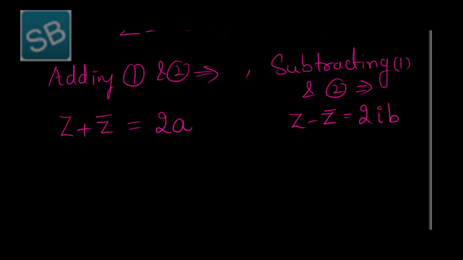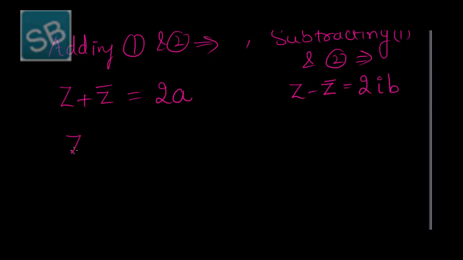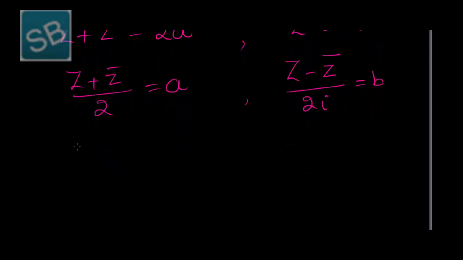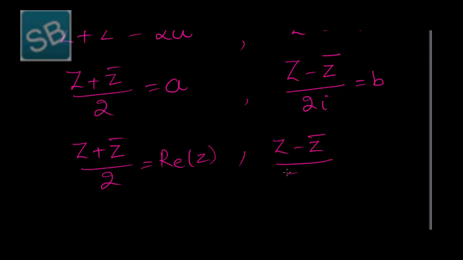So from this, z plus z bar over 2 is equal to a, that is the real part of z, and z minus z bar over 2 iota is equal to b. So we get z plus z bar over 2 is equal to the real part of z and z minus z bar over 2 iota is equal to the imaginary part of z. So the result is proved.